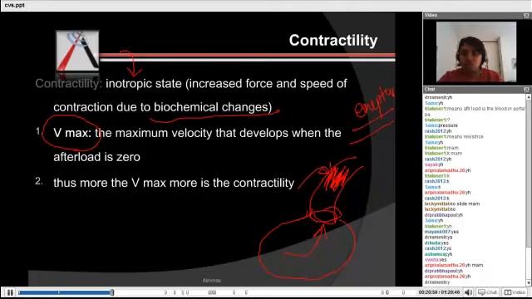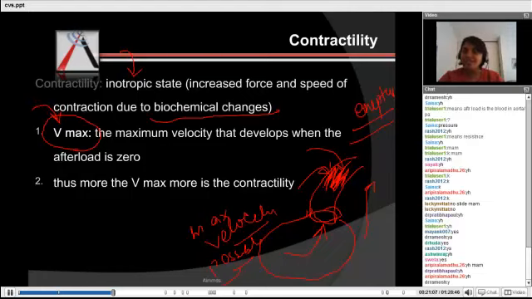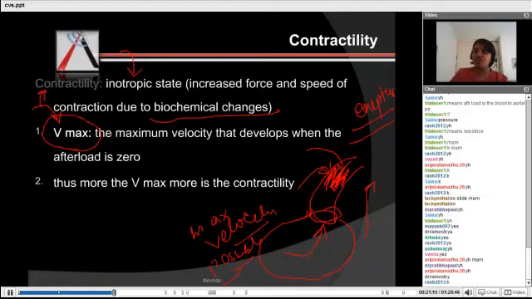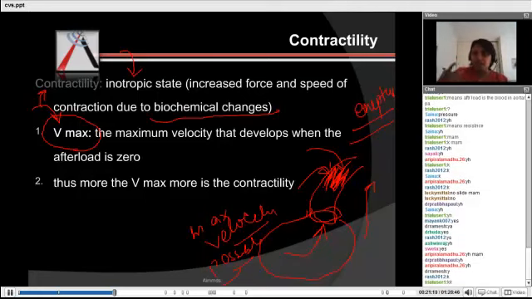So, if we imagine that there is no afterload, the blood will be pumped out at the maximum velocity possible, isn't it? That is called Vmax. Now Vmax actually tells you the property of the heart. It tells you the contractility of the heart, because it is taking the afterload out of consideration and telling you the inherent ability of the heart.